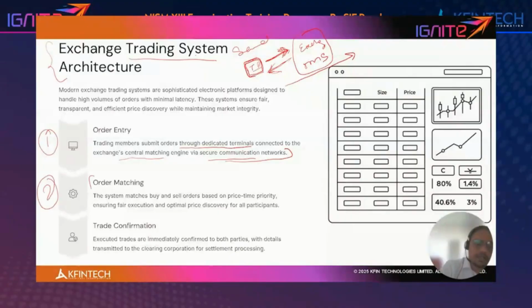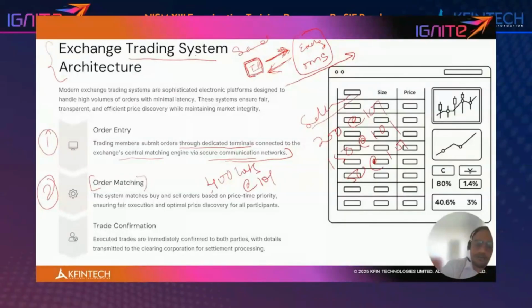Second is the order matching. What is order matching? Suppose I bought 400 lots at say 101, and here are the sellers: 200 at the rate 101, 150 at the rate 101, then 50 at the rate 101.